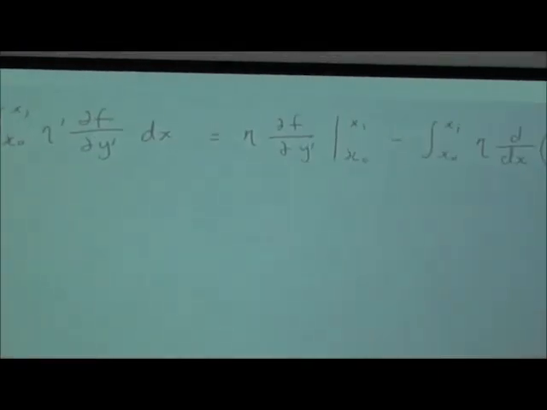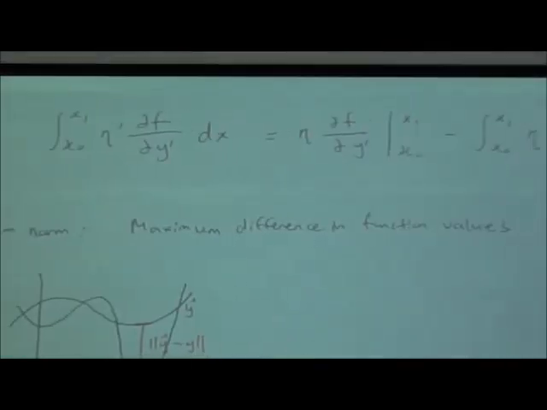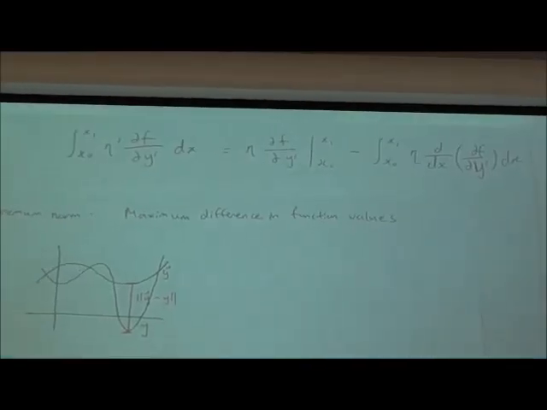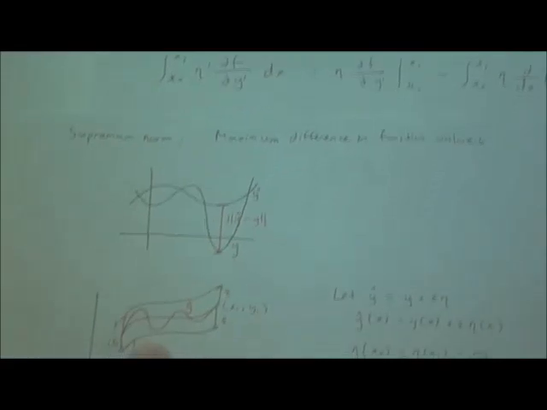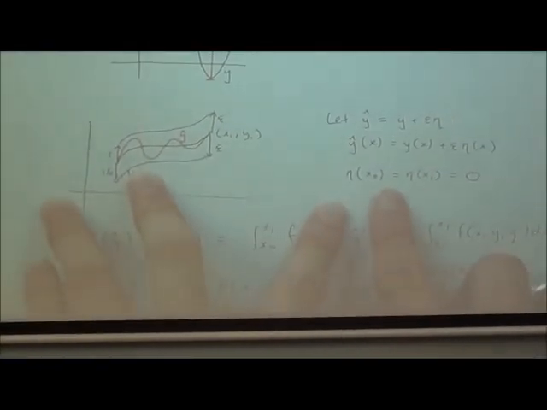It's going to be this. But remember, we had eta having fixed endpoints. We had eta being 0 at the endpoints because y and y hat have the same endpoints. So what this means is that this boundary expression is actually 0, and we're left with whatever is on the right-hand side here.